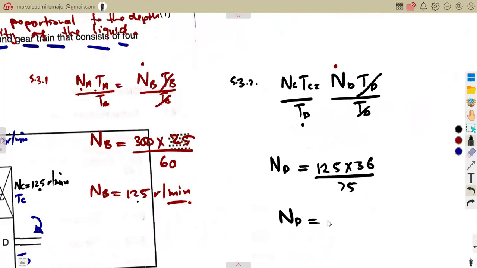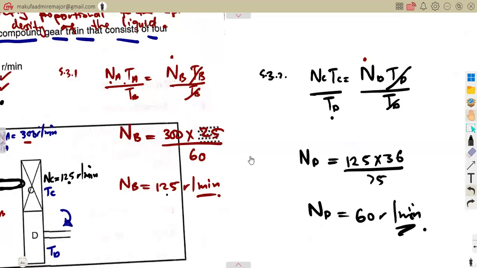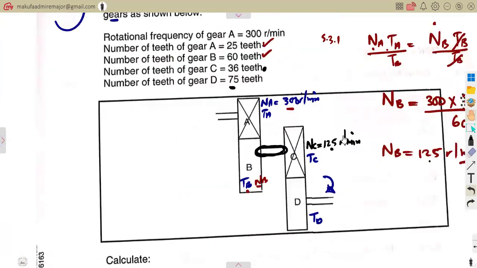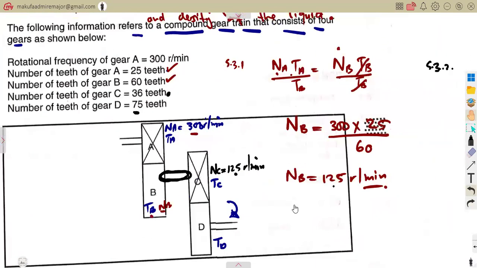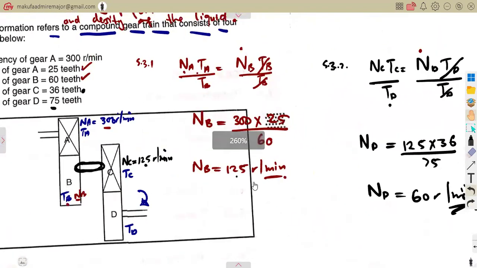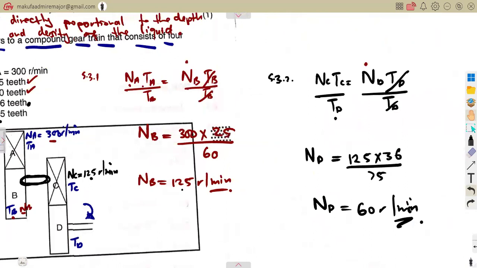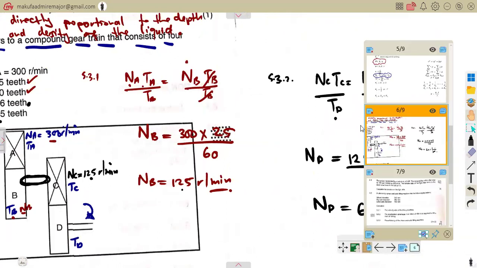The speed at D in revolutions per minute is going to be 60 revs per minute. That is from this information. So each and every part that you're given, you must be careful of the formula to use according to the information that you are given.